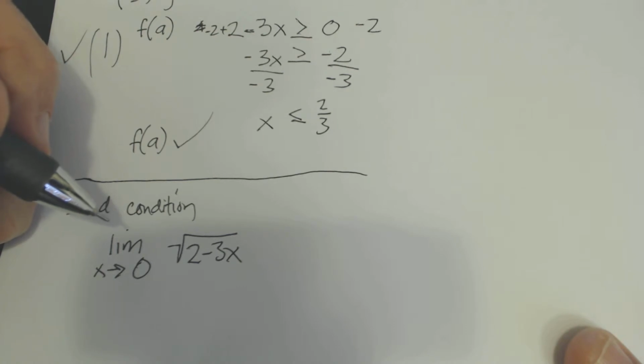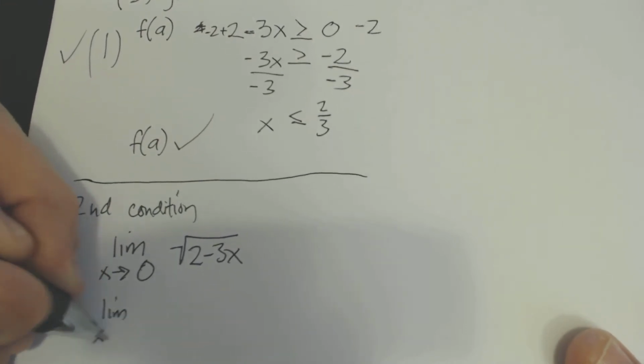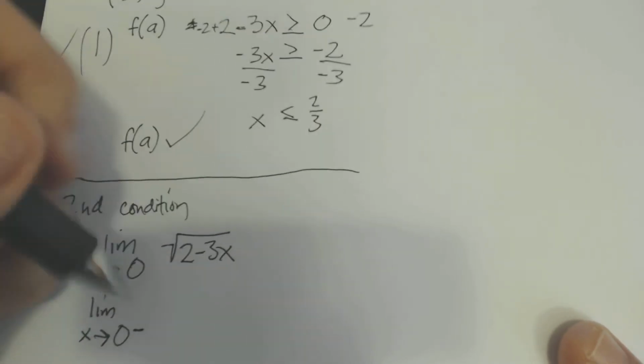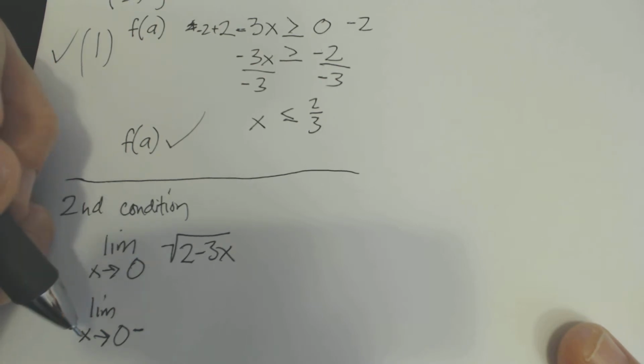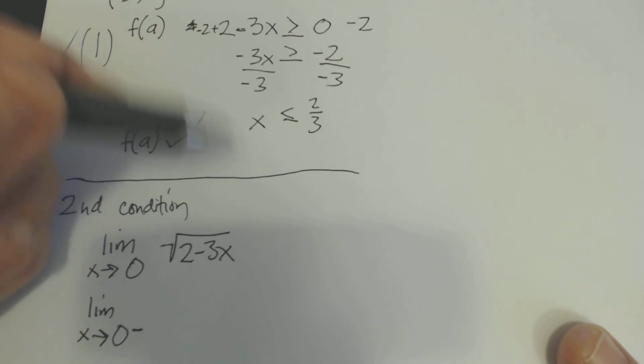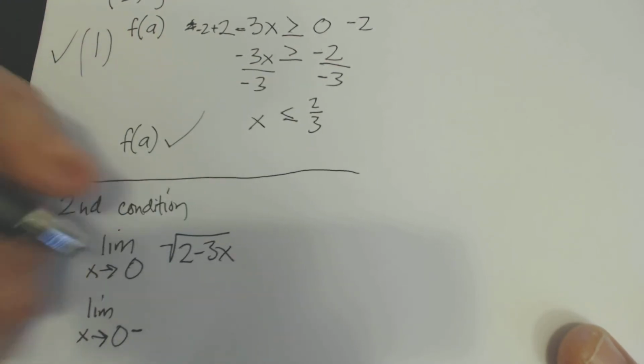And so just looking at the limit as x approaches 0 from the negative direction, the numbers are going to be less than 0, and those fall within the domain of the function, so the limit will exist.